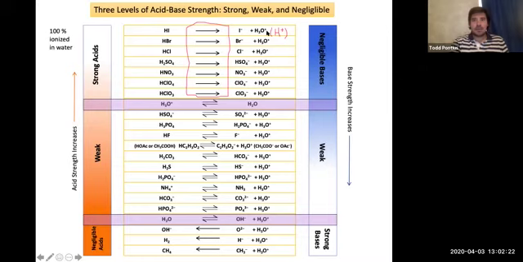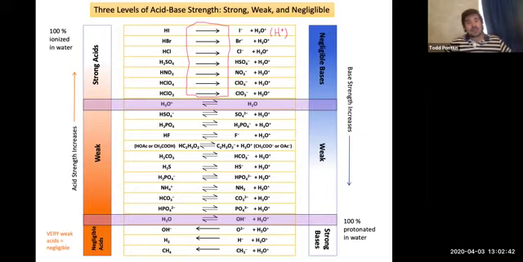And once they're broken apart, they never come back. Whereas negligible acids, on the flip side, if we look down at the bottom here, things like OH-, H2, CH4, they're not going to get rid of their hydrogens. If a hydrogen happened to be broken off of one of them, it's going to basically instantly go back.